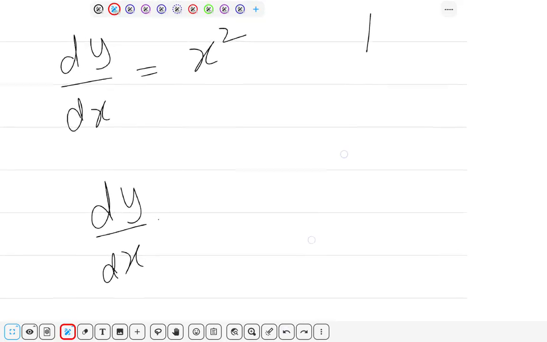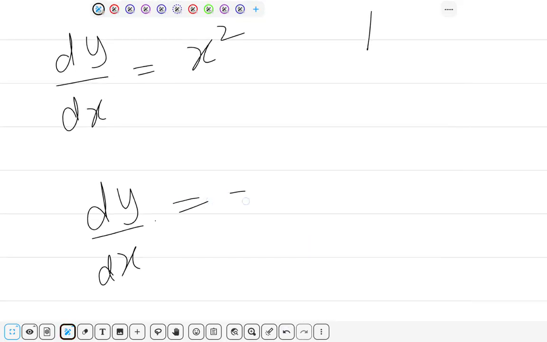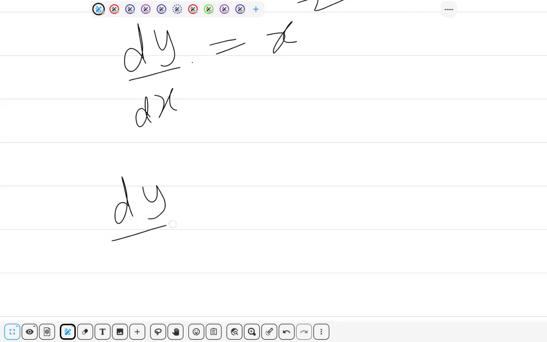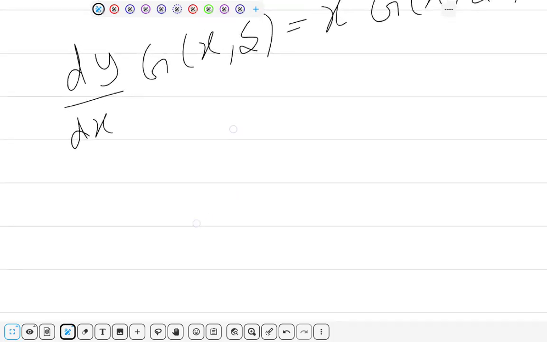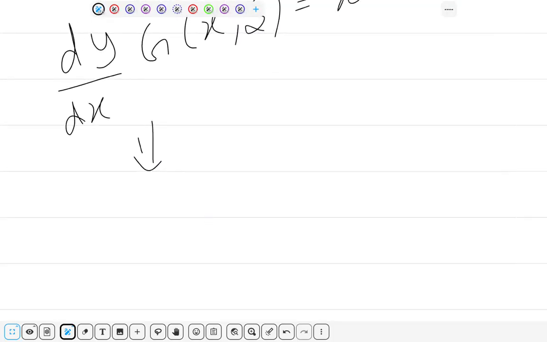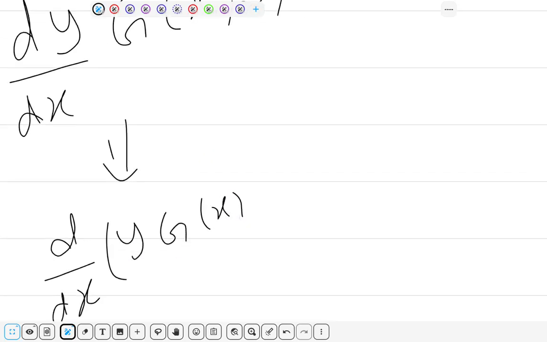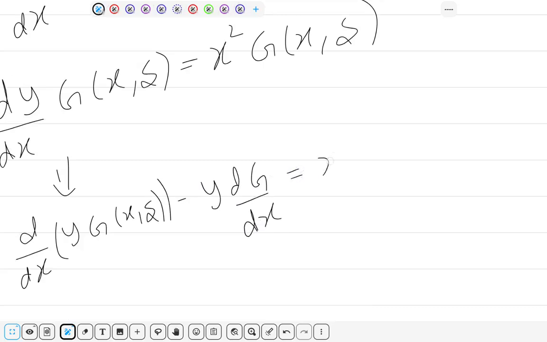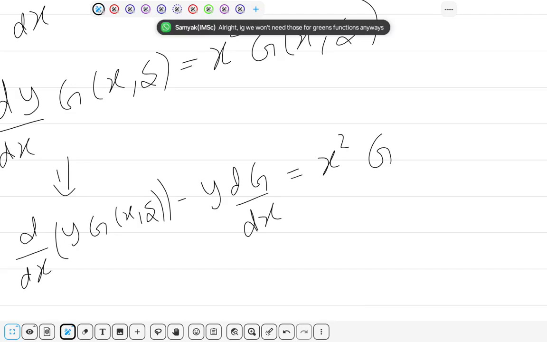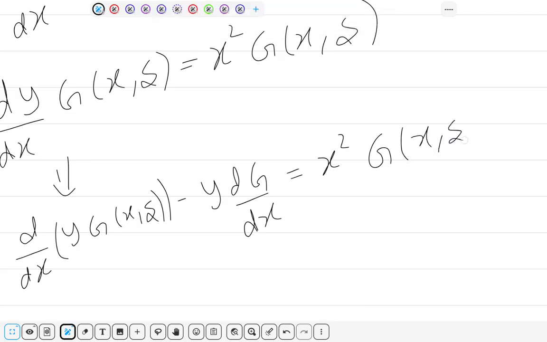So what I mean is, if this is x square, if I multiply g of x on both sides, I think I can just write this as d by dx of y times g of x, s minus y times dg by dx, is equal to x square g of x comma s.